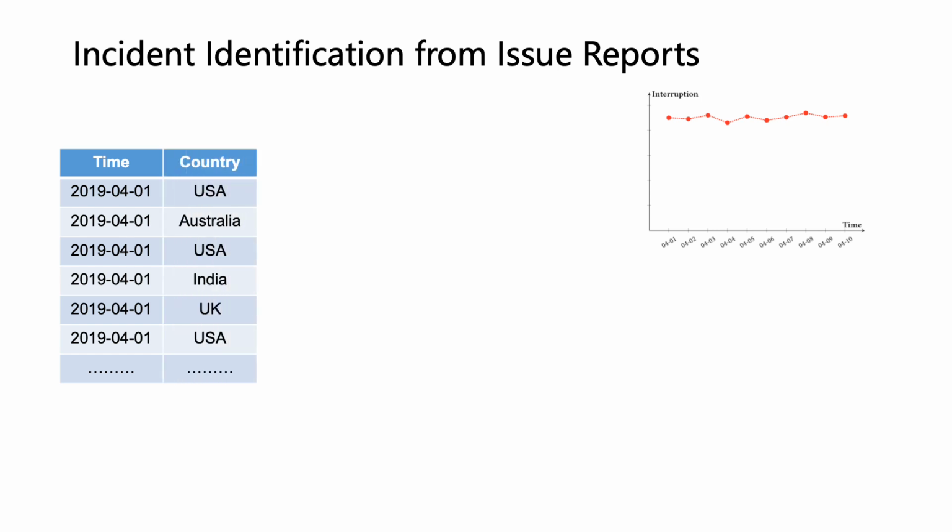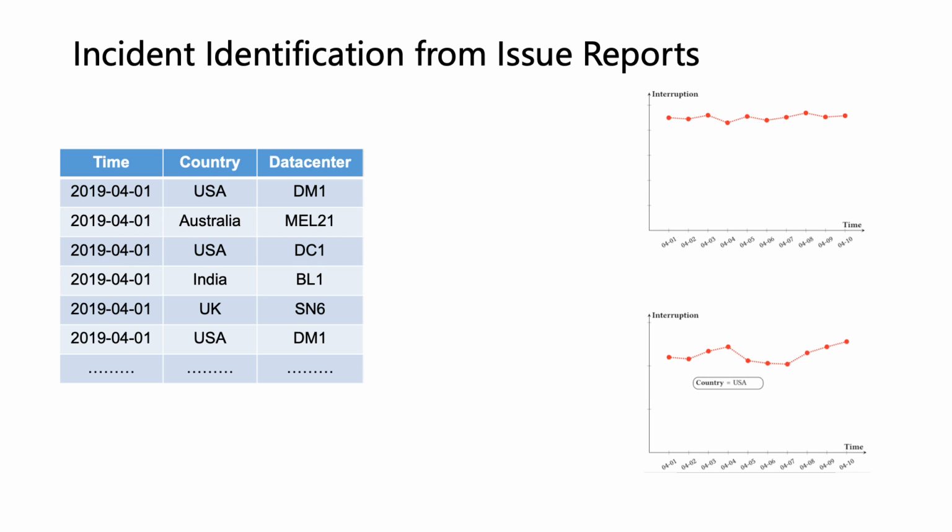Since each VM can be characterized by many properties, we can use the country column to denote the region where the VM is allocated. Suppose we want to see the interruption condition in the US region, then we get this figure. It is different from the previous one. It might have a problem because there is a slight upward trend from April the 7th.